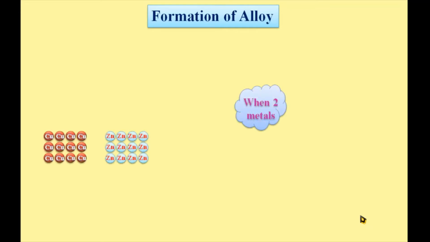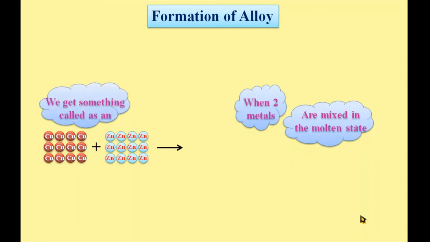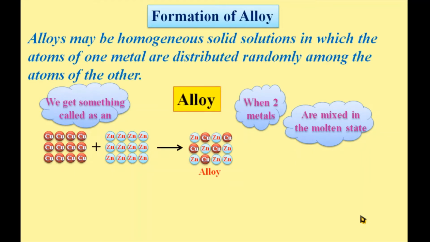We start with the formation of an alloy. What is meant by an alloy? When two metals are mixed in a molten state, we get something called an alloy. It may be defined as a homogeneous solid solution in which the atoms of one metal are distributed randomly among the atoms of the other element.